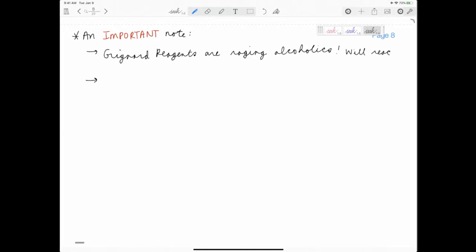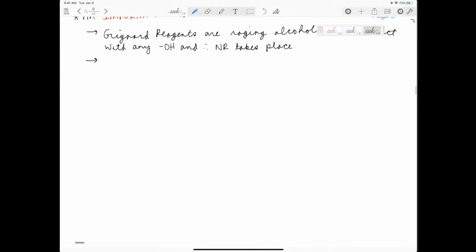They will react with any hydroxy group, and therefore no reaction takes place. Okay, so I have a bit of a problematic friend. Grignard reagents are too basic, and Grignard reagents have a drinking problem. Why is that so?